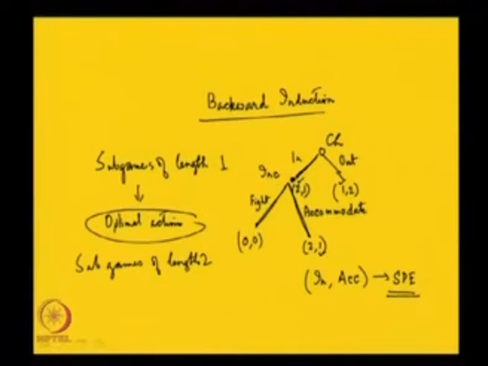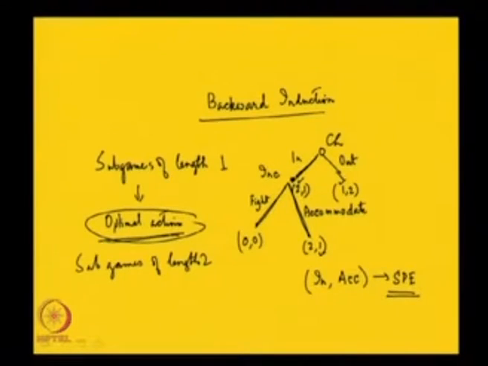When I go to the subgames of length 2, we take these optimal actions as given. Then we look at the players who are at the beginning of the subgames of length 2 and we try to figure out what their optimal actions are, given the optimal actions of subgames of length 1.